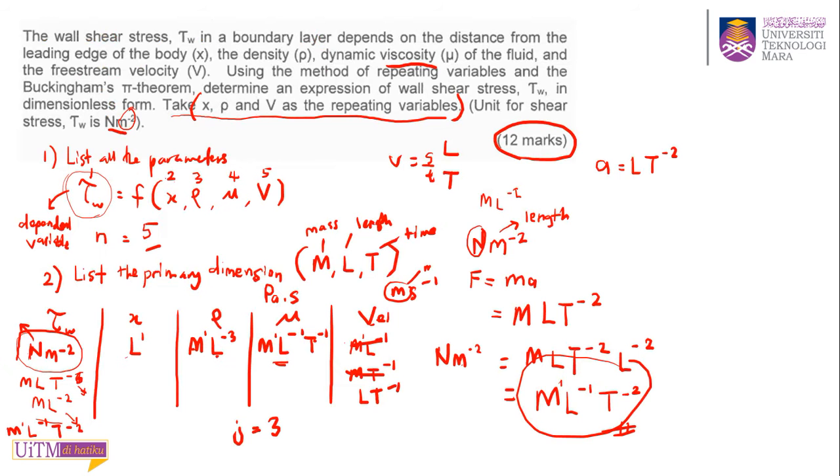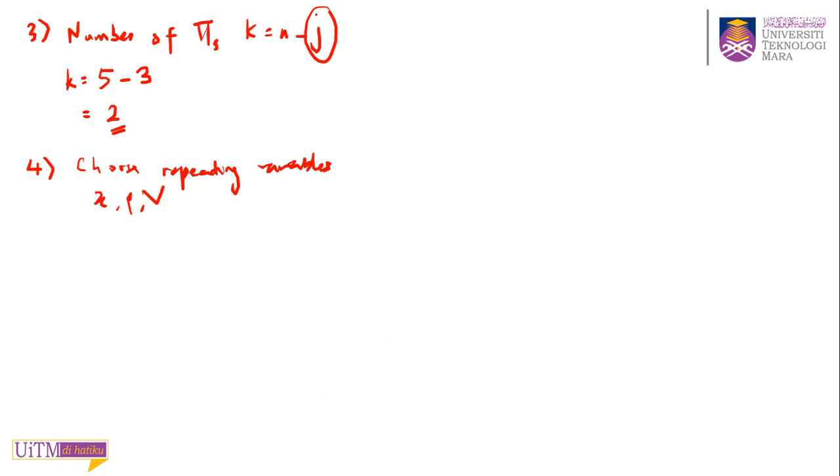Now you have X, rho and V as your repeating variables. So you are left with tau and mu as your non-repeating variables. You will use those to generate your pi. Now the fifth step is to generate the pi.